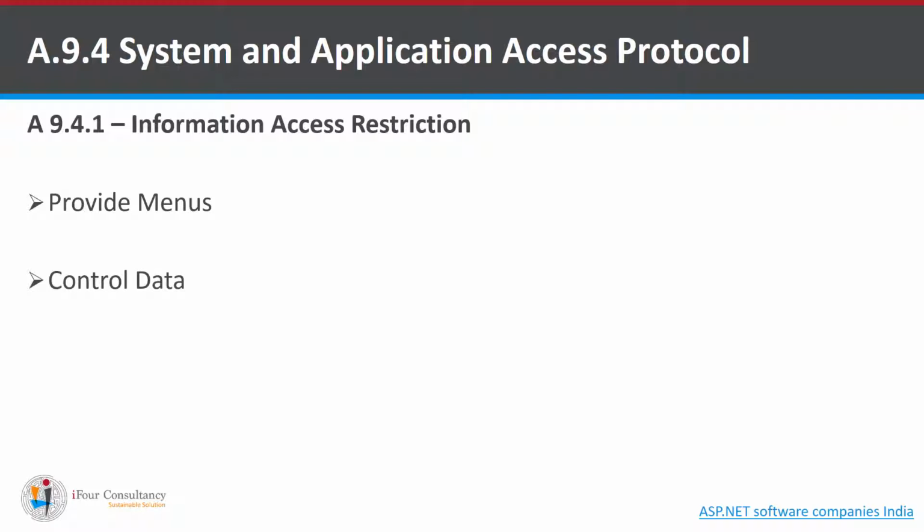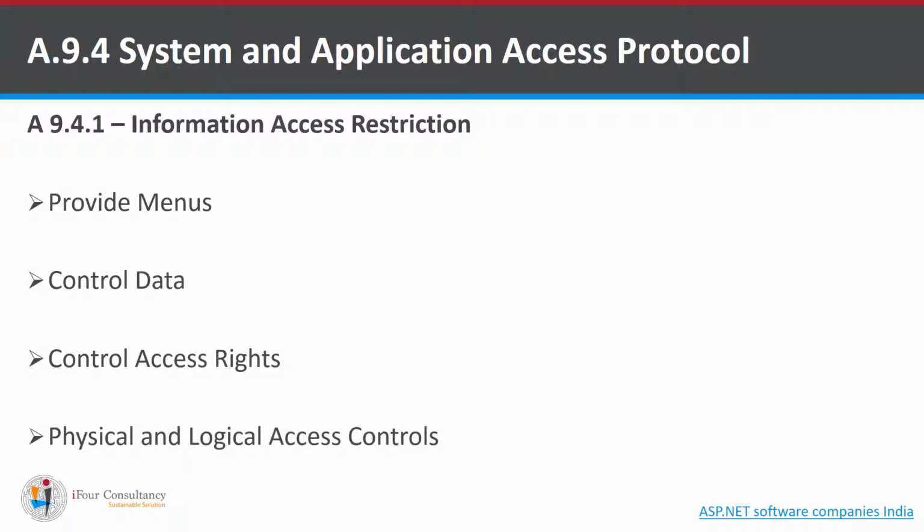In such a way, data as well as access rights can be controlled. For this, physical and logical access controls can be implemented. A good example of physical access control is two-way authentication, and a good example for logical access control is role-based access control.